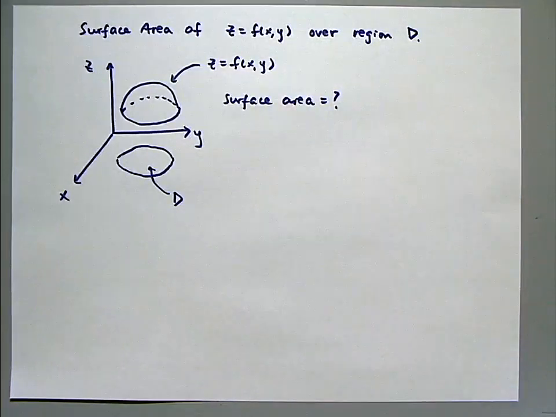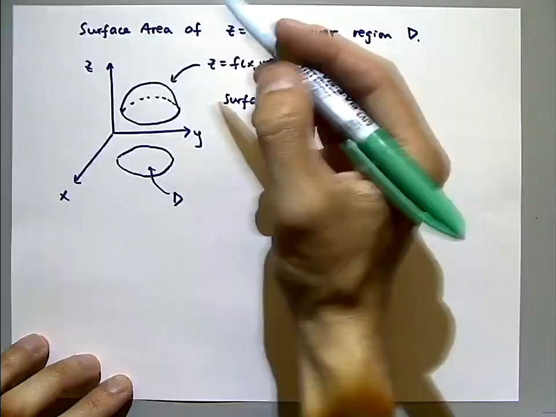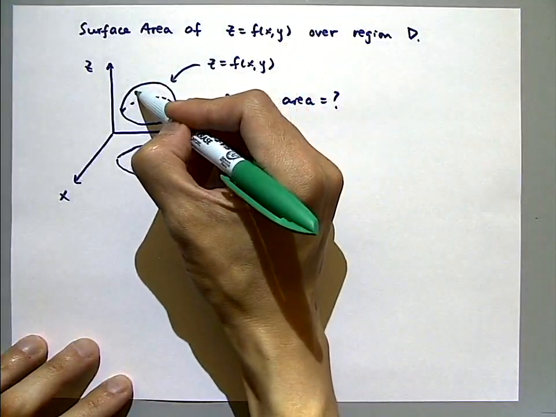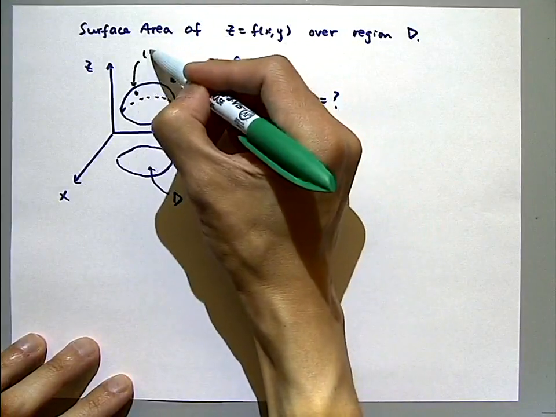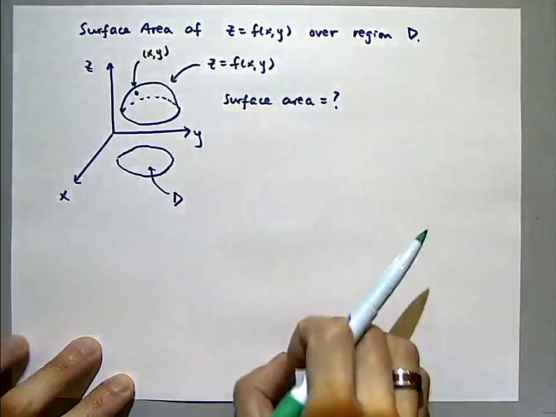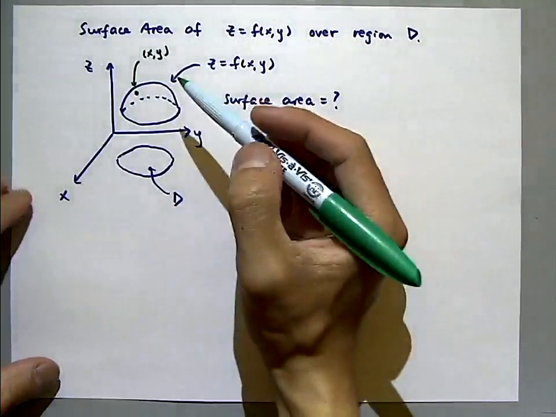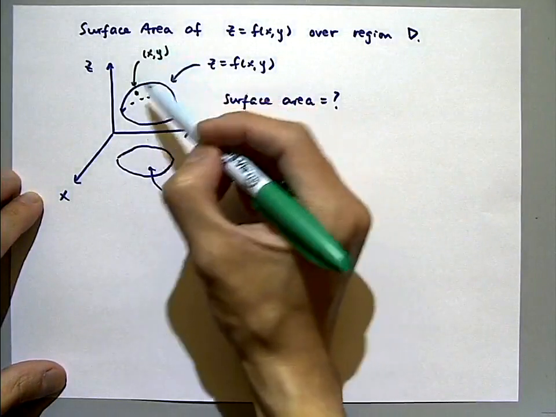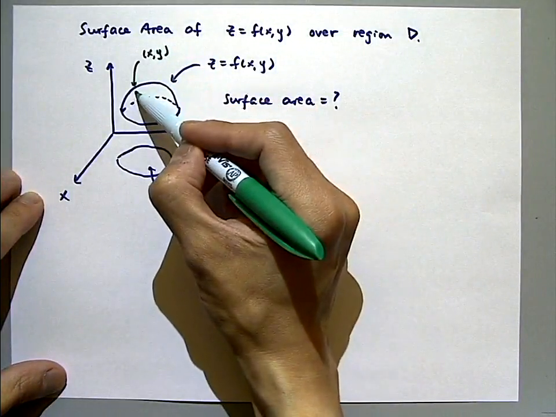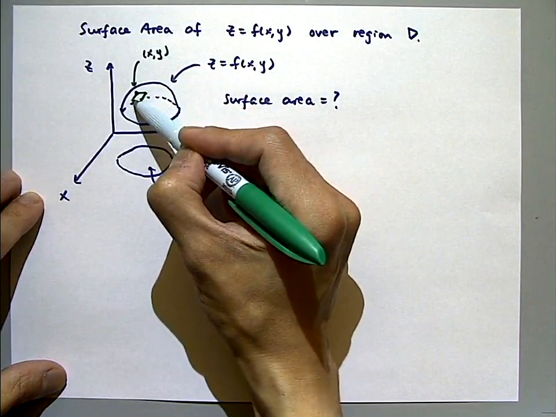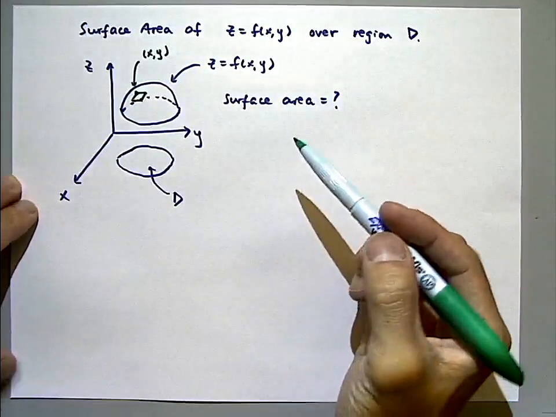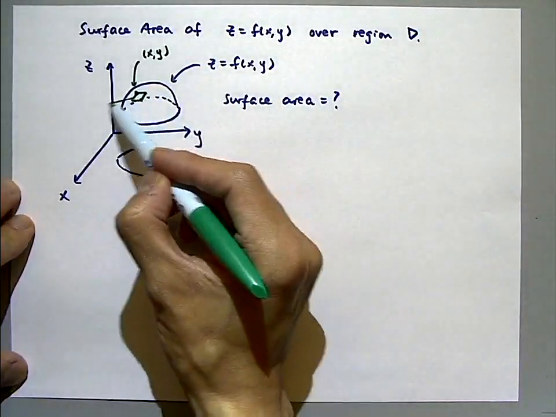So we're going to use a very, very similar trick to how we did the mass and the centroid. We're going to focus on one point somewhere on the surface. Let's say right here, just some random point. And we're going to look at the tangent plane right near that point. I'll blow this up over here.